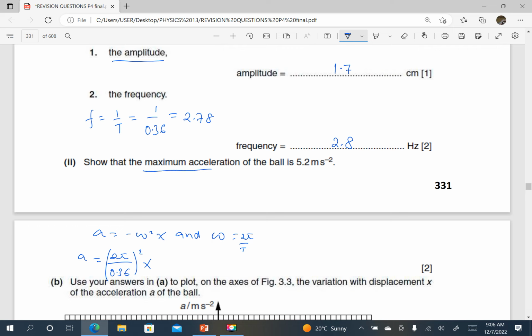We want maximum acceleration. Acceleration is maximum when displacement is maximum because they are directly proportional. So this will be times 1.7, but it is in centimeters, so times 10 power negative 2. So I check my calculator.